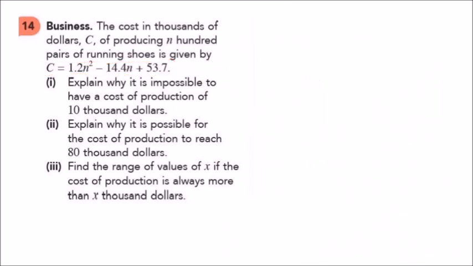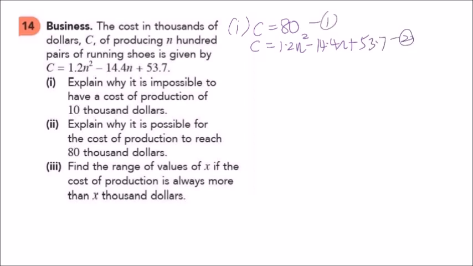Right, let's do part 2. In part 2, we are asked to explain why it is possible for the cost of production to reach $80,000. The steps involved are the same as in part 1. We're going to let C equal 80 and C equal 1.2 n squared minus 14.4 n. Likewise, we form equations in terms of n.